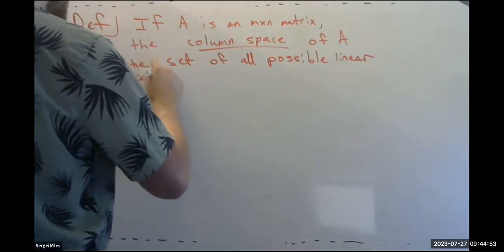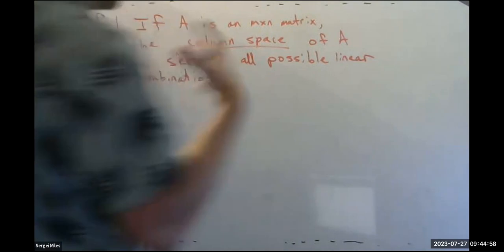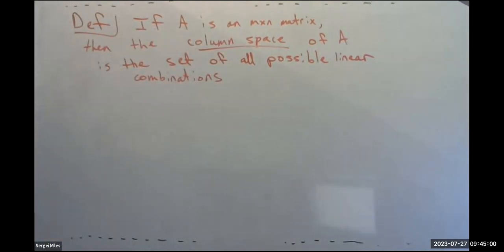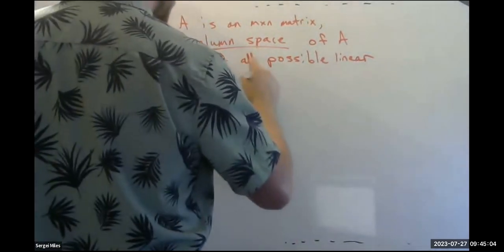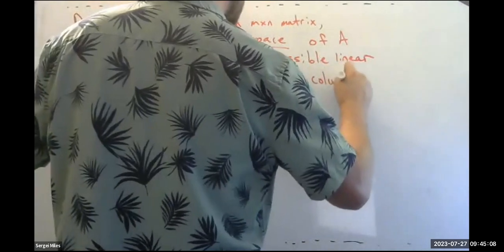So here's the key: set of all possible linear combinations. That tells you, oh, we're talking about the span of something. The set of all possible linear combinations of what? The columns of A.